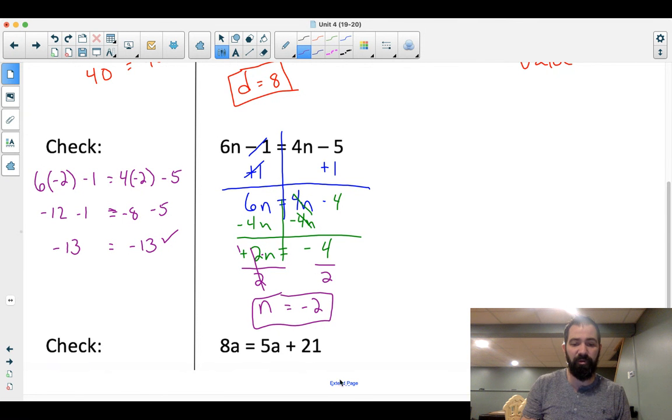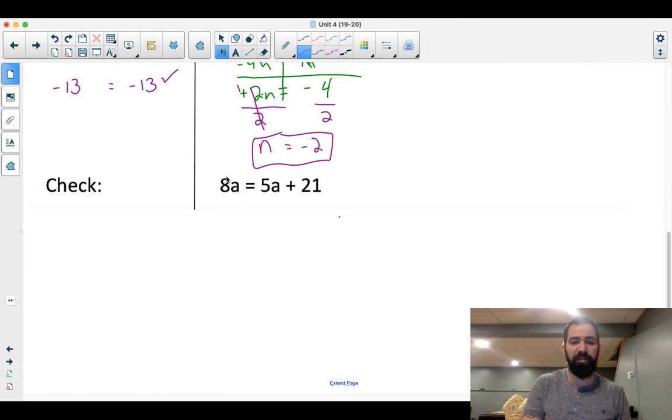We have variables on both sides, 8a and 5a. What's smaller, 8a or 5a? And of course, 5a is smaller than 8a, so let's move the 5a to the other side of the equation.